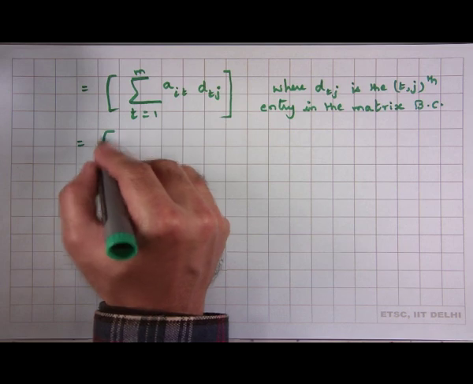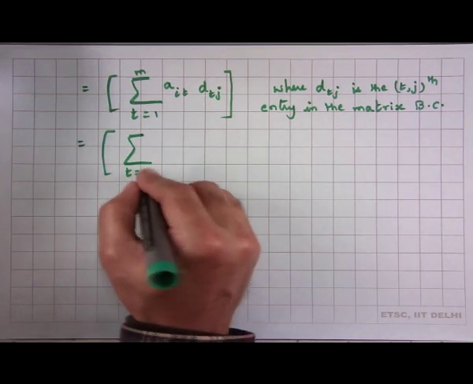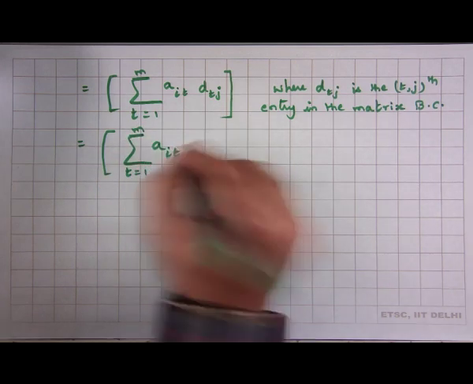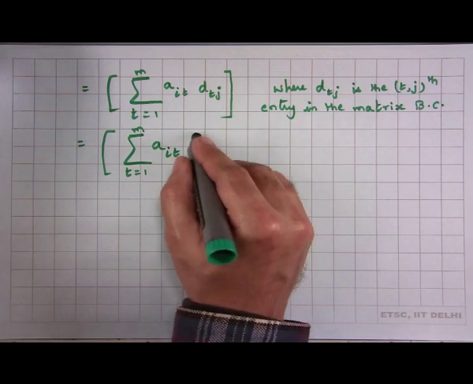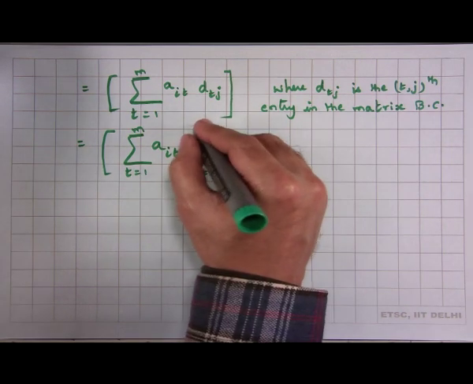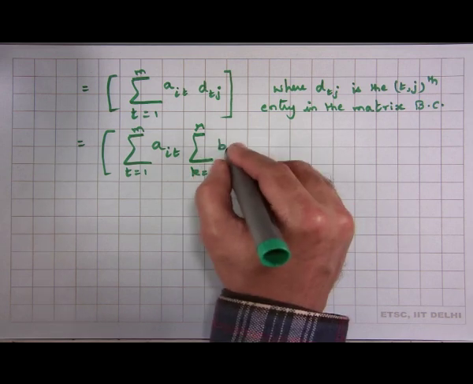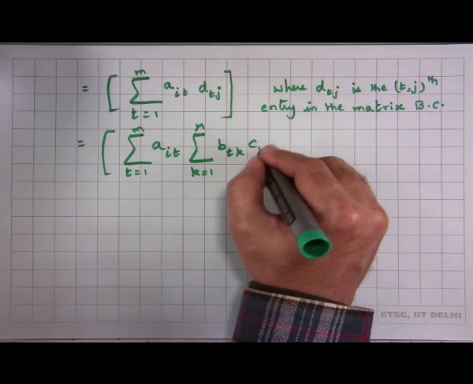So, this is going to be equal to summation t running from 1 to m, Ait and Dtj. Let us write it down, summation k running from 1 to r, Btk Ckj.